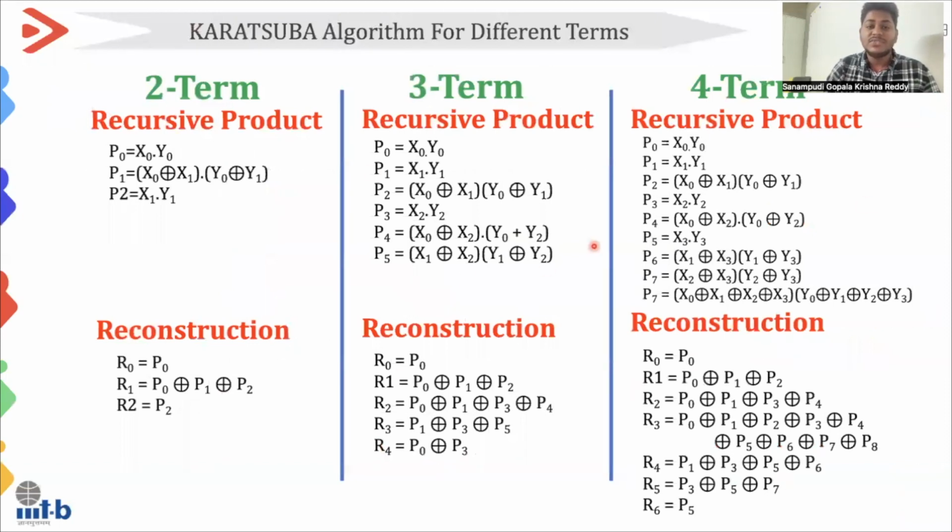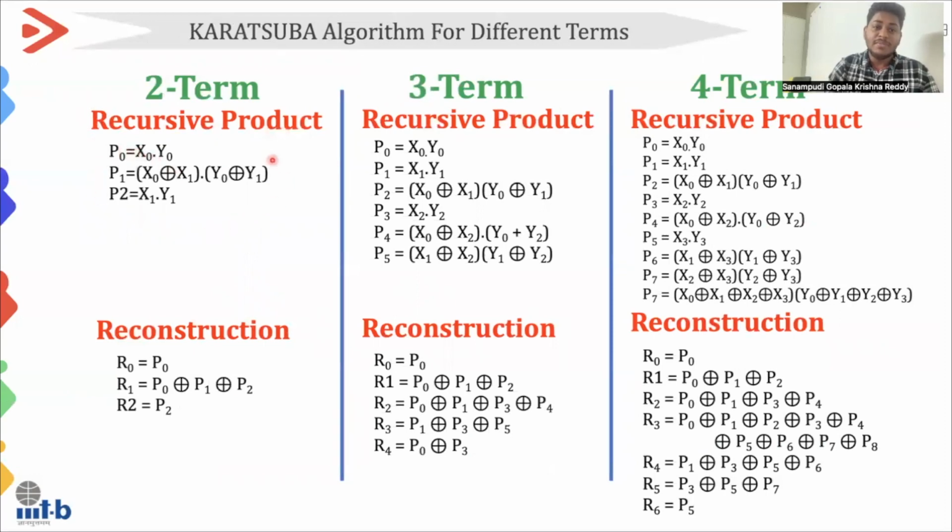Here are the equations for the Karatsuba algorithm for different terms. Here I presented only 2-term, 3-term, and 4-term, and it can be any number of terms. These equations are for the recursive product. As I discussed previously, the 2-term Karatsuba multiplier requires only 3 multipliers, unlike 4 multipliers for the schoolbook algorithm.